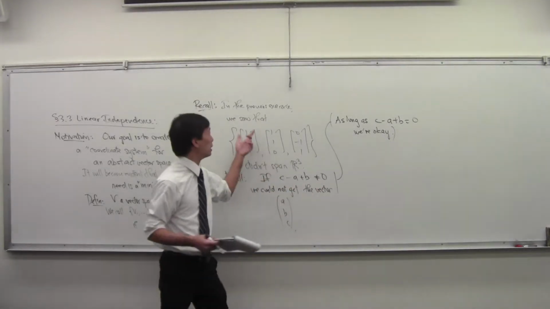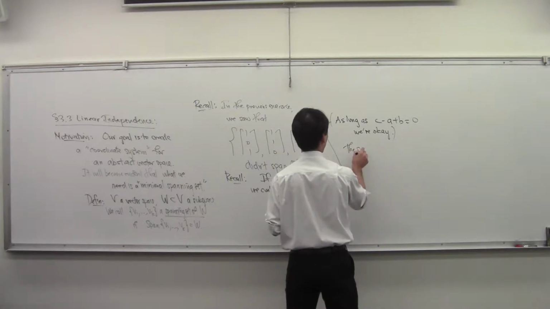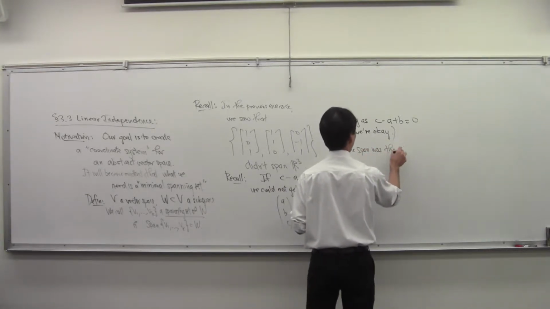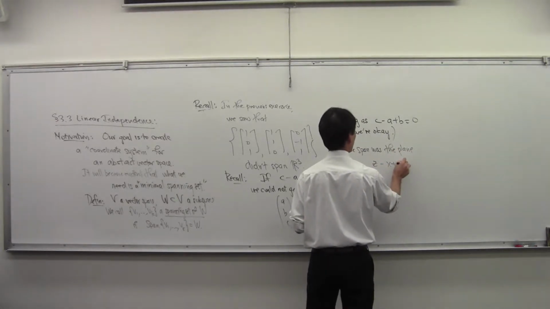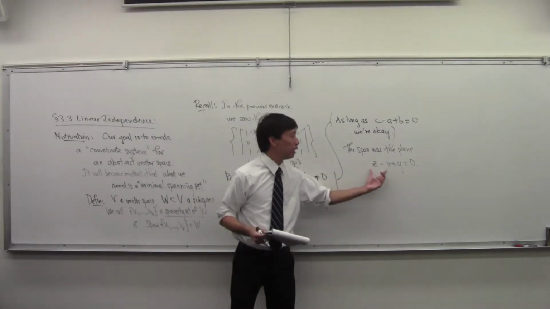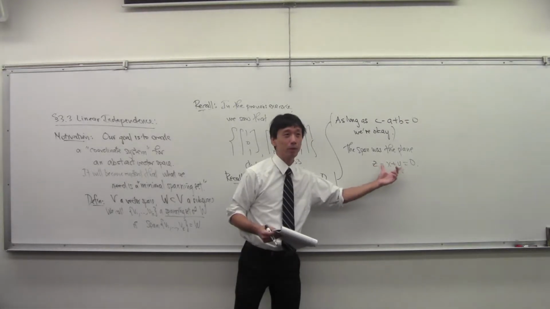And so the span was actually the plane z minus x plus y equals 0. As long as the z coordinate minus the x coordinate plus the y coordinate was equal to 0, then we were okay.